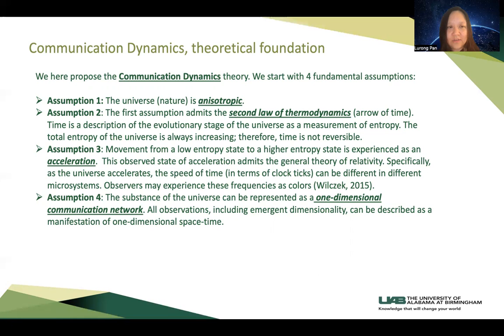The second assumption is that the first assumption admits the second law of thermodynamics, which means the arrow of time. The first two actually say the same thing: the universe evolved in a single direction rather than a symmetric direction.